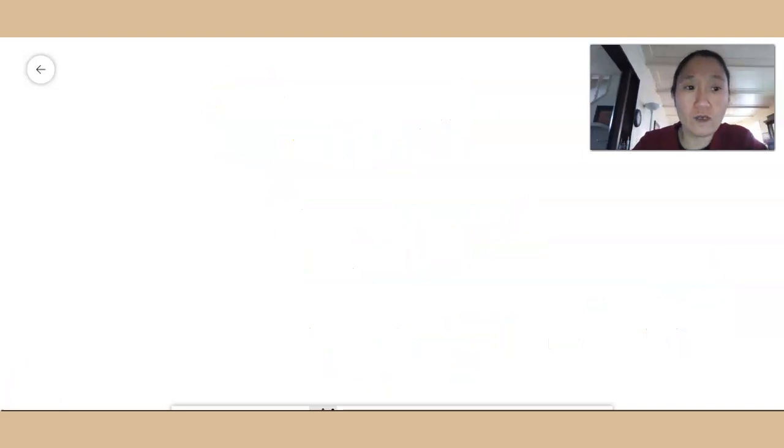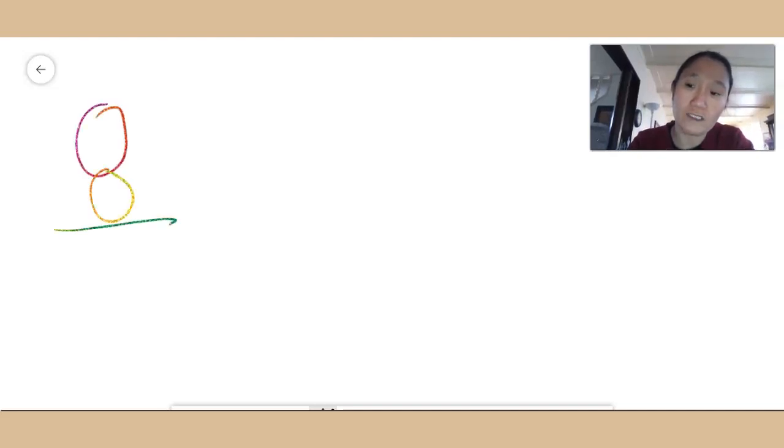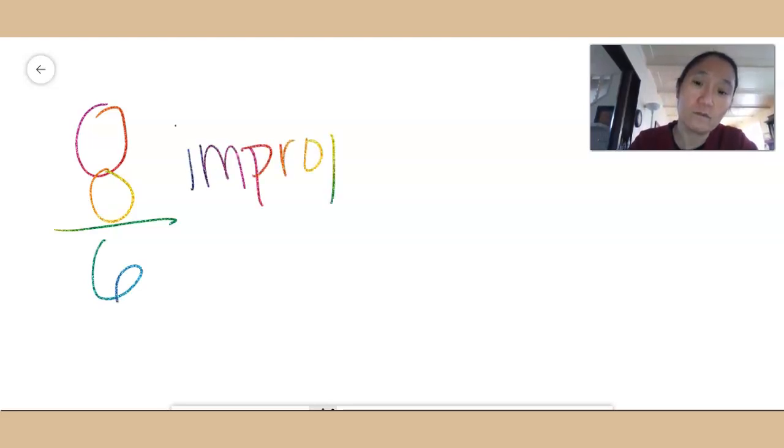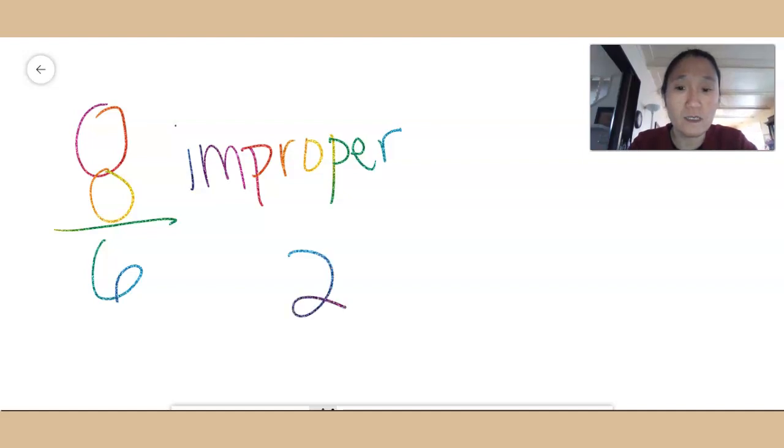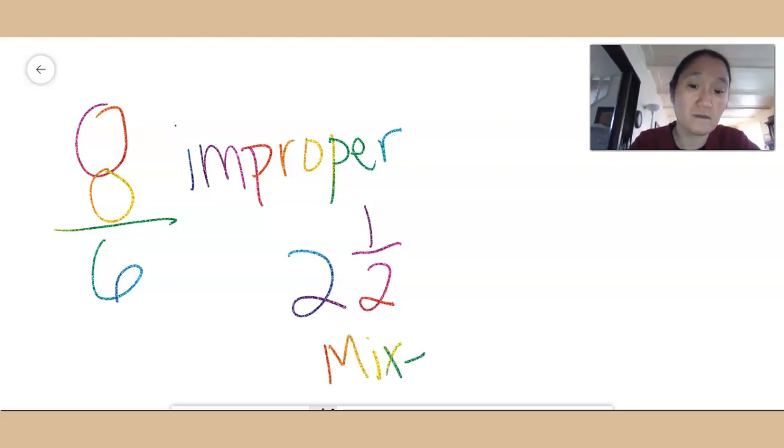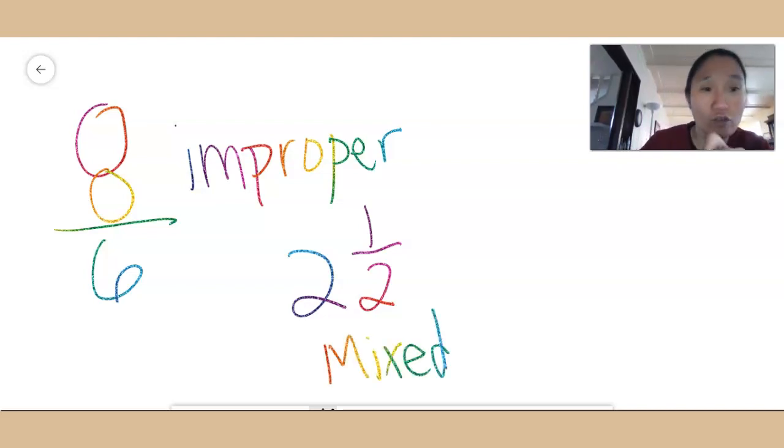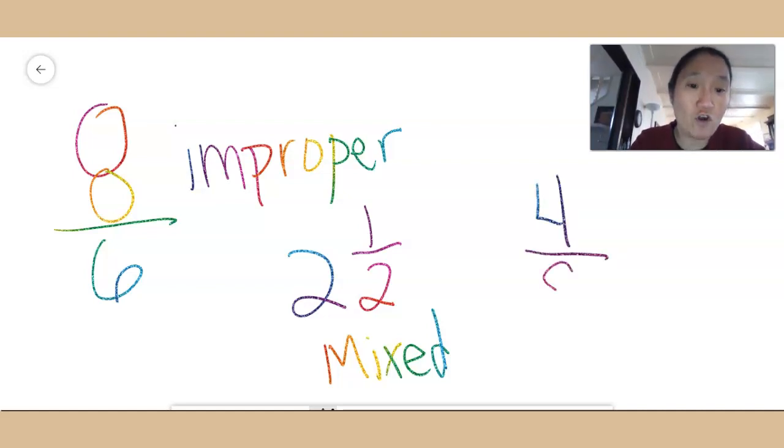Okay, so we've already gone over what improper fractions look like. They have a large numerator and a small denominator. So this is an improper fraction. We have a mixed fraction, which has a whole number beside a fraction. This is mixed. And then we have our regular proper fractions, which have a small numerator and a large denominator.